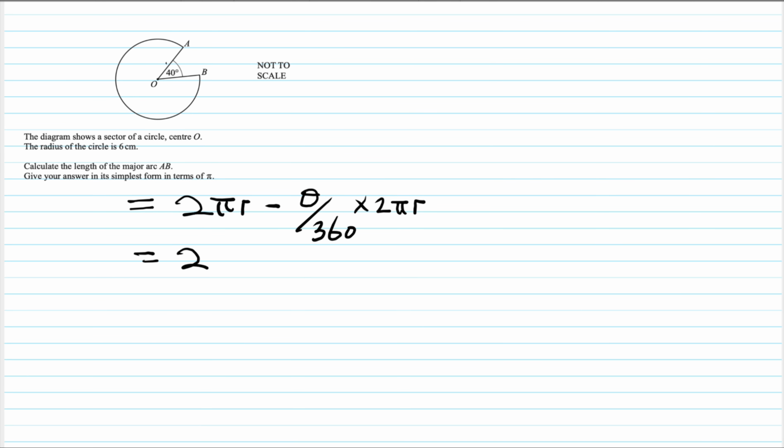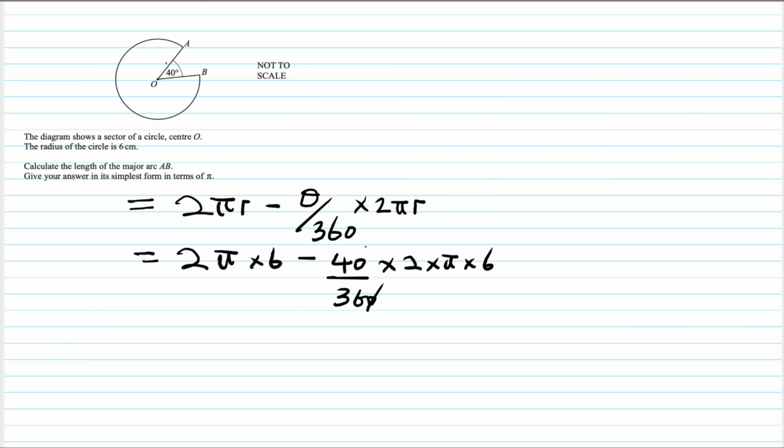So we now have 2 pi times 6 minus 40 over 360 times 2 times pi times 6.